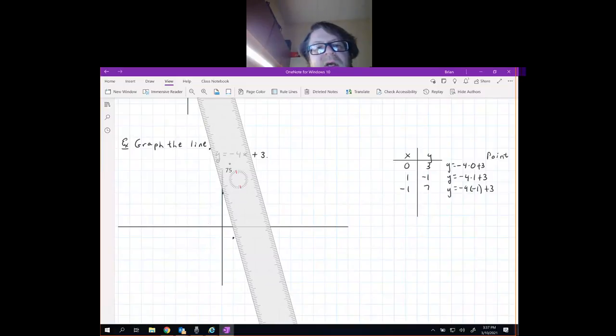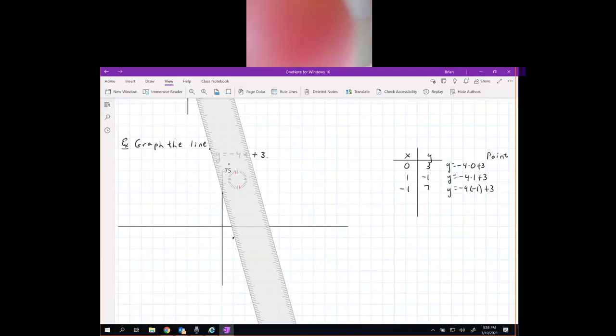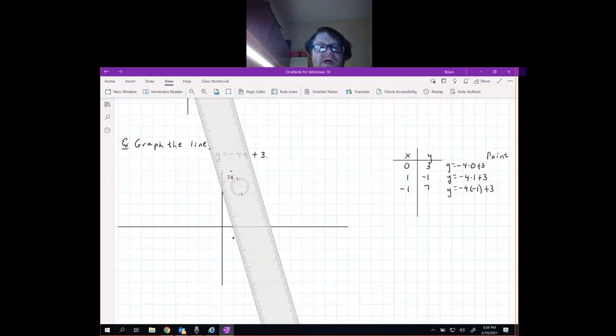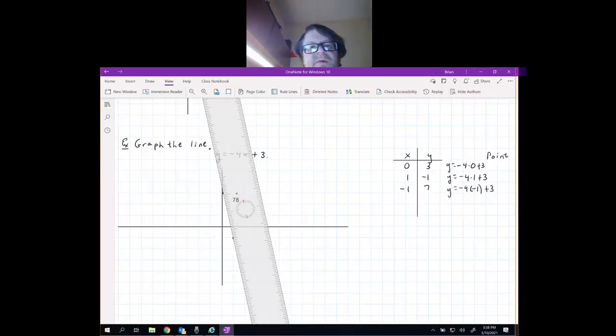This ruler is a bit weird. I can do it better on paper than this thing. Let's see here. See if I can keep that one locked. No, it keeps moving on me. Oh well, okay. I don't know.